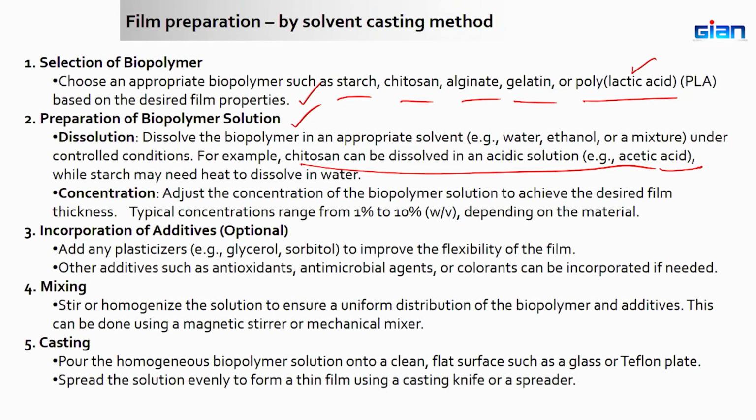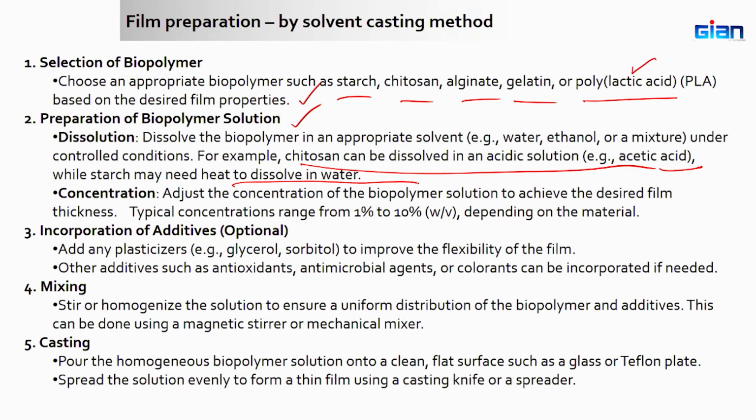And in some places big fish which are harvested, their scales are removed on the beach, the big scales, and these scales are used directly for making a lot of ornamental items, or making lamp shades. So, those are the materials which can again be used as a plastic substitute. Yeah, and then starch, heat and dissolve in water. So, depending upon the biopolymer, you prepare a solution.